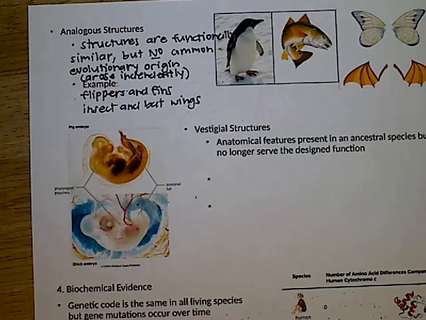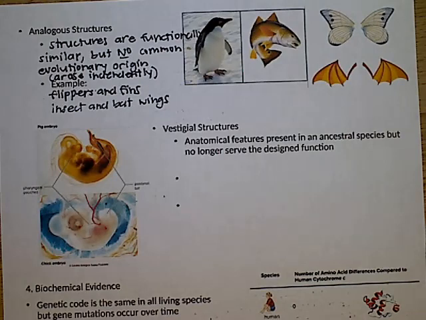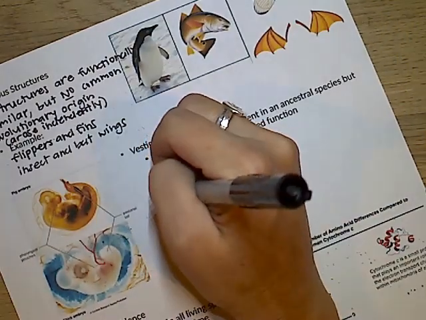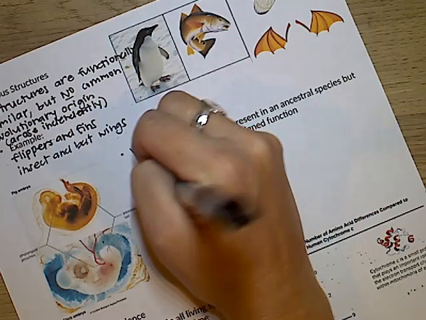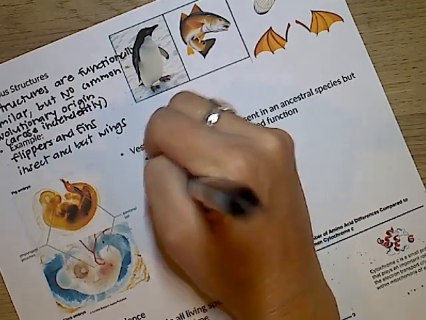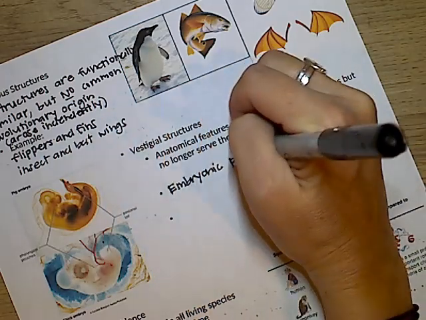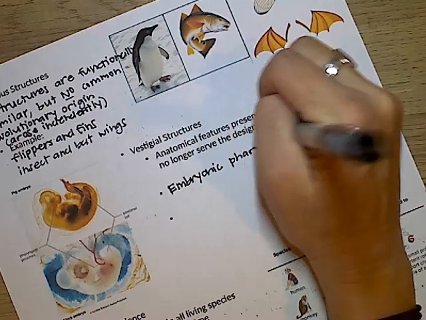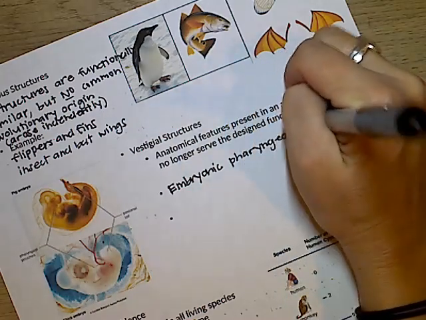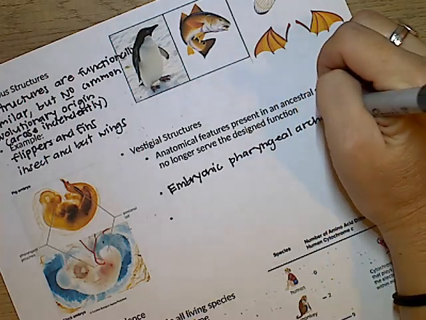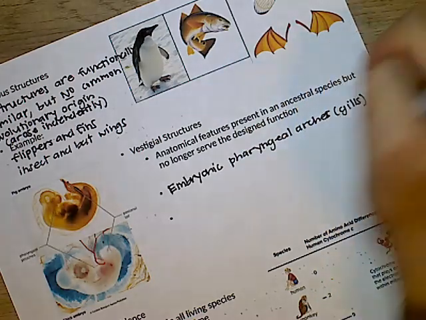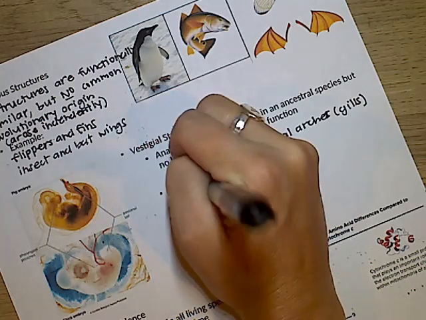And we've got to talk about vestigial structures, and I think this is very interesting as well. So anatomical features present in an ancestral species but no longer serve a designed function. So embryonic pharyngeal arches, which are essentially gills, and post-anal tails.